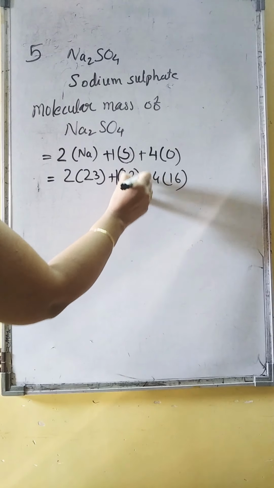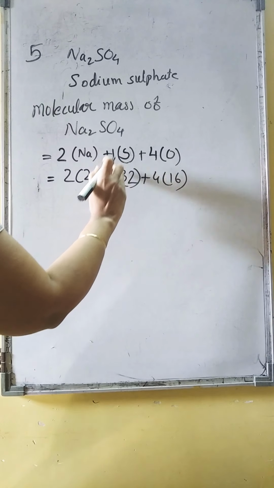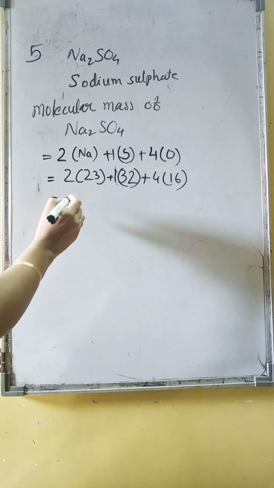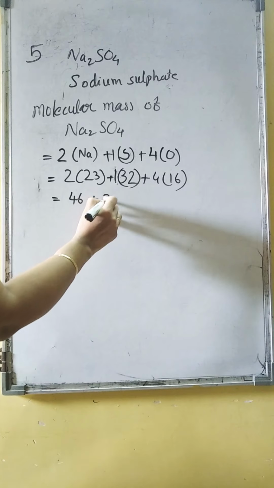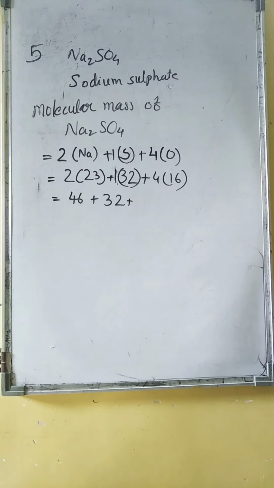So it is 1 time 32. So what is 23 twos are 46. 1 time 32 is 32. 4 into 16, 64.